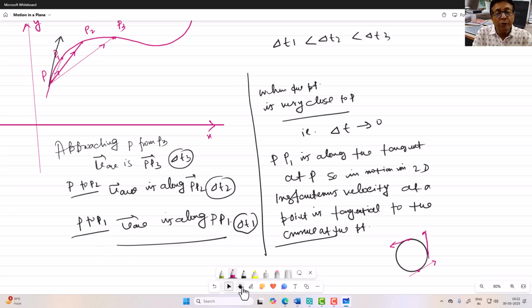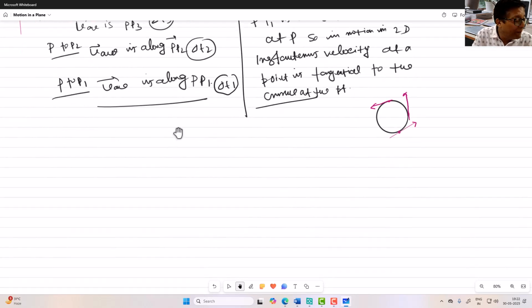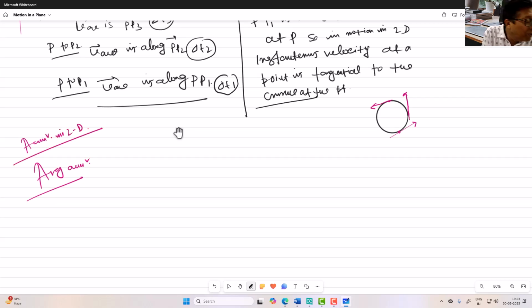Similarly, if you do it for acceleration, what will happen? Average acceleration in 2D will be what? That is A equal to delta V by delta T. So you better write A average, otherwise it will be mixed with the instantaneous acceleration.